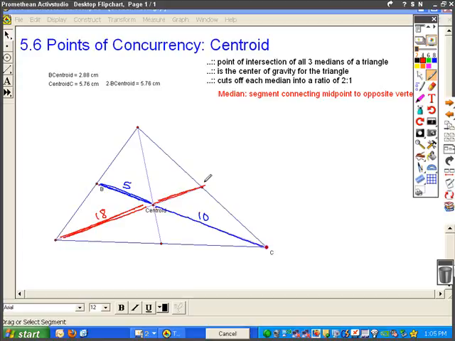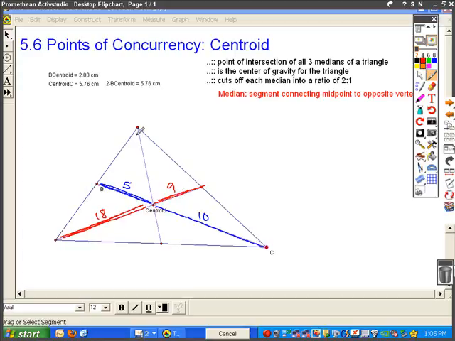You can see the ratio of 2 to 1 is in favor of the portion of the median that is closest to the angle, furthest away from the side. So here's this side of 18, segment of 18. So what's this remaining segment going to be? Half of that. It's a 2 to 1 ratio.